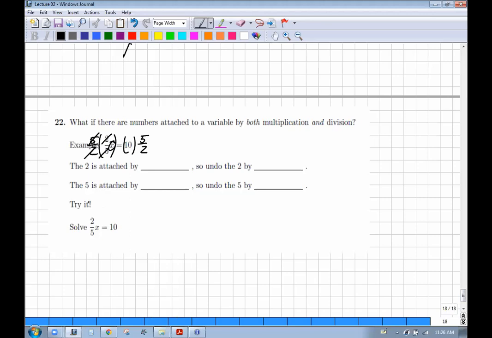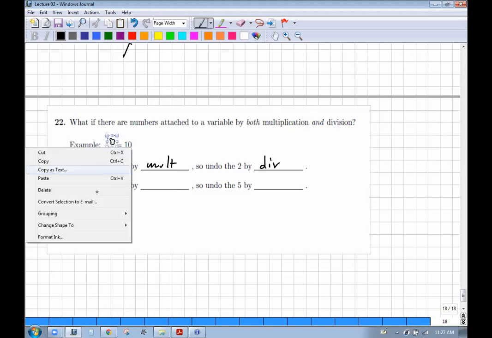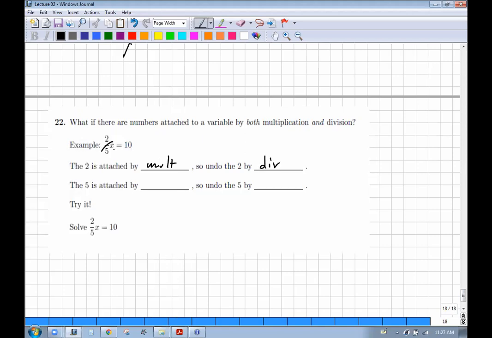The 2 is attached by multiplication, the x times the 2, so we'd undo the 2 by division. Now the 5 is attached via division, so we'd undo the 5 by multiplication.